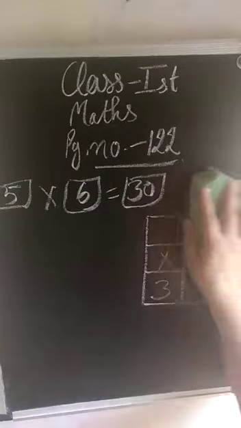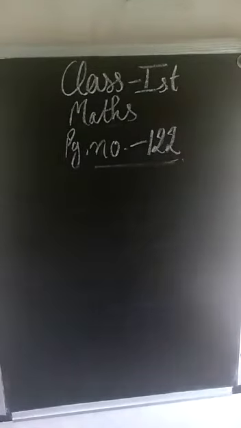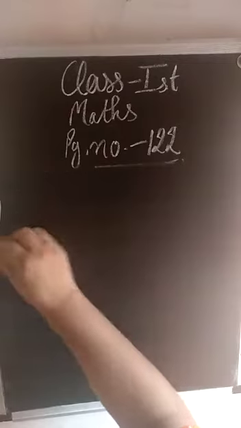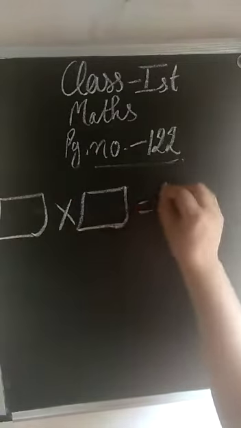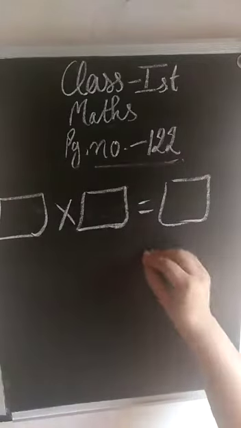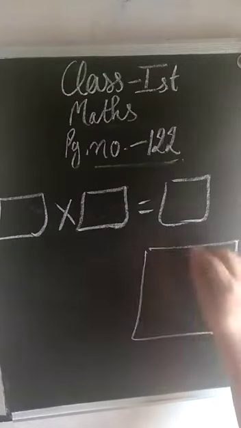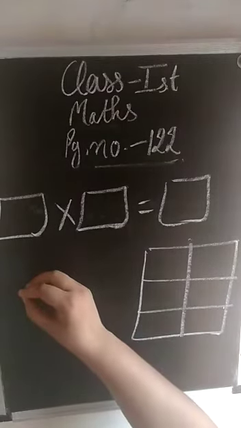Your third sum is, there are 4 teams. Each team has 5 children. How many children are there altogether? In one single team there are 5 children, and we are to find the number of total children in all 4 teams.